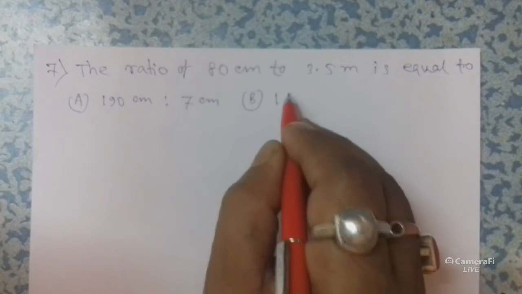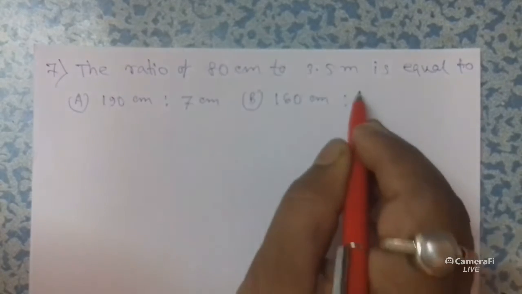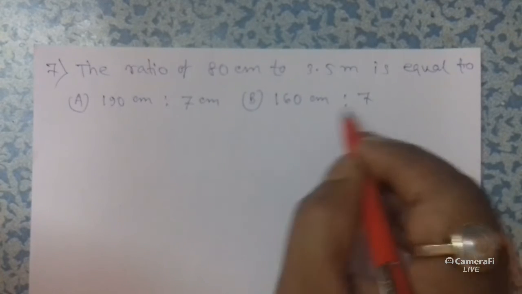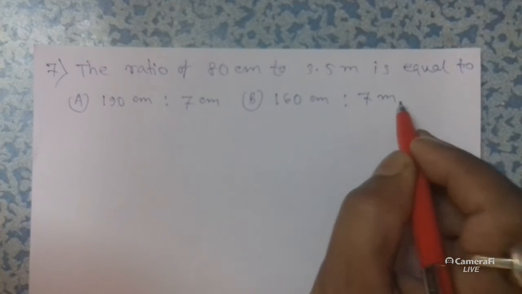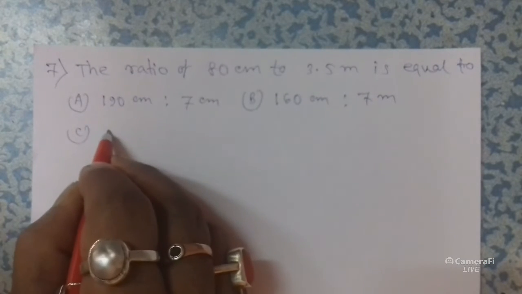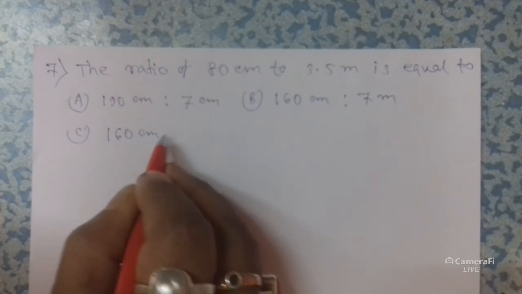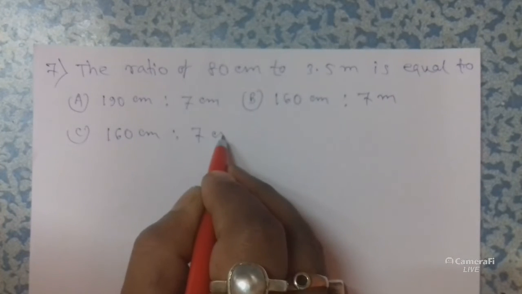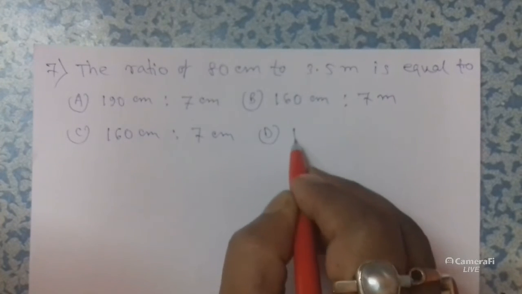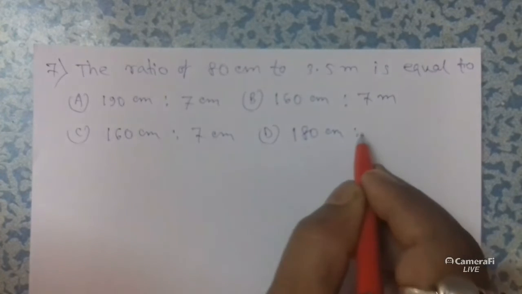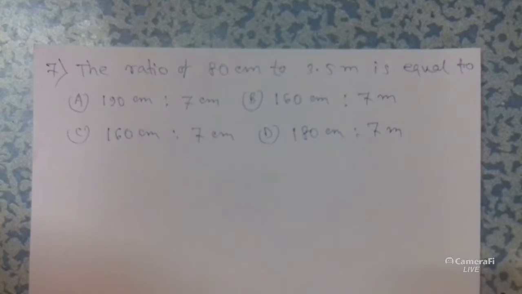Option B, 160 centimeter is to 7 meter. Option C, 160 centimeter is to 7 centimeter. And option D, 180 centimeter is to 7 meter.